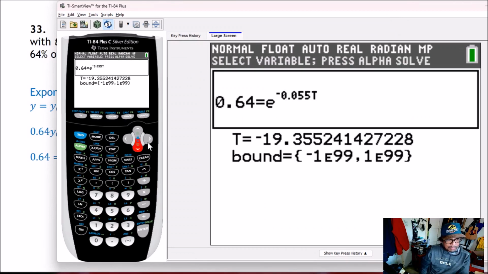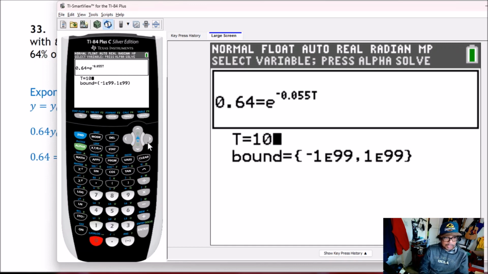Now for the solving part, I do need to start with a value of t that makes sense. I have a feeling that if I put this negative value and I start solving from a negative value, then I'm not going to get anything nice. I do need to start most likely with a positive result. So let's start at t equals 100, and that should be enough to get your calculator to solve.